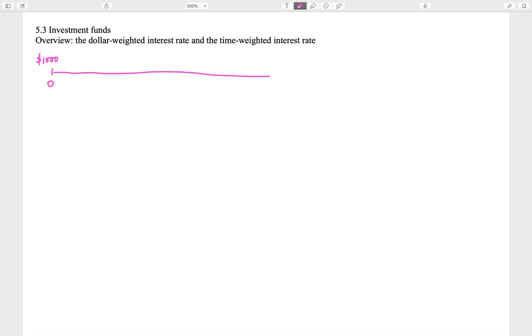So in the first year, it makes 20%. So it goes up to 1,200. But in the next 2 years, the performance is only 5%. So this is the given information.